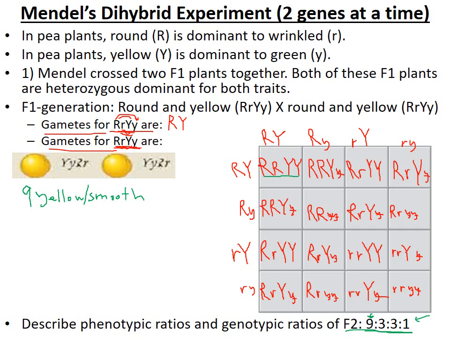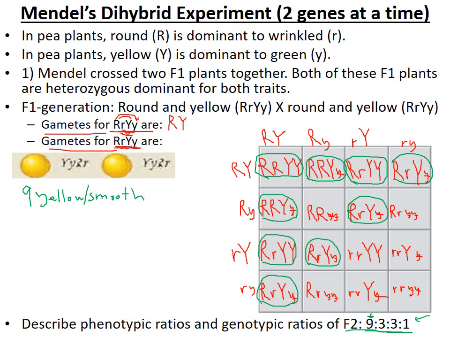So here's 1, yellow and smooth. 2, yellow and smooth. 3, yellow and smooth. 4, yellow and smooth. 5, yellow and smooth. 6, yellow and smooth. 7, yellow and smooth. 8, yellow and smooth. 9, yellow and smooth.